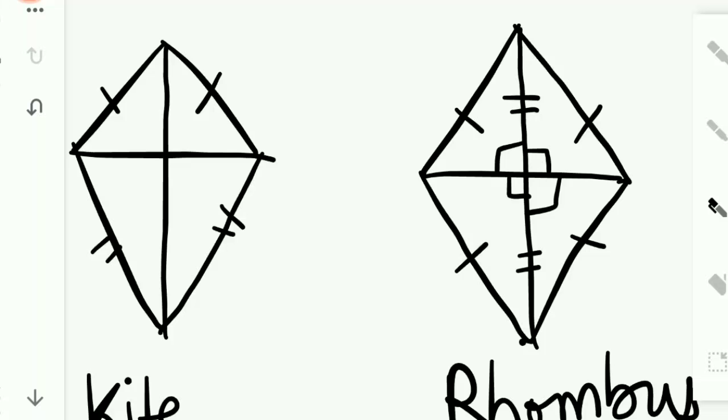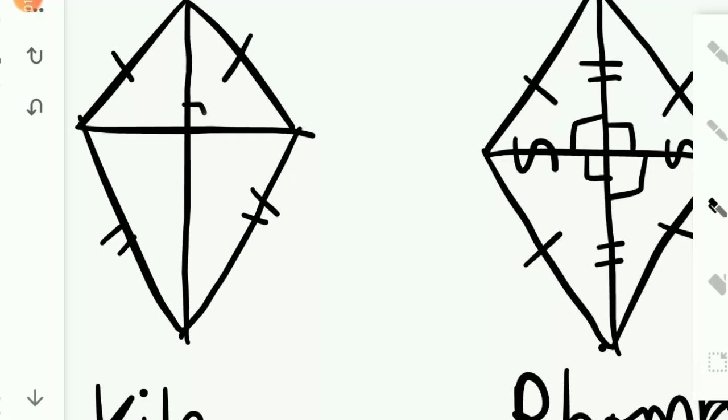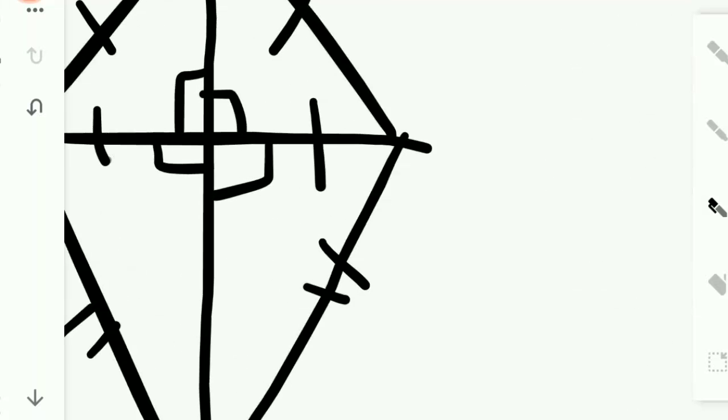This part of the diagonal is equal to this part of the diagonal, and this part of this diagonal is equal to this part of this diagonal. Now in kite you will find that diagonals are perpendicular to each other, but only this diagonal is bisected.